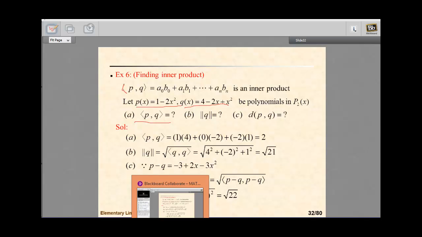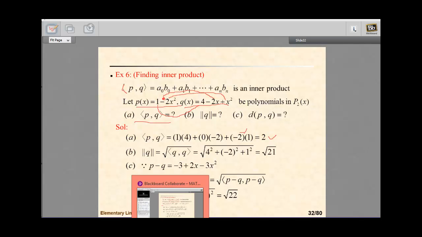We multiply the first element P, 1 into 4, and then multiply the x terms. There is no x term in P, so we use 0 multiplied by 2x. Similarly, multiply x squared by x squared, that is 2 multiplied by 1. So when we multiply this, the inner product of PQ will be equal to 2.